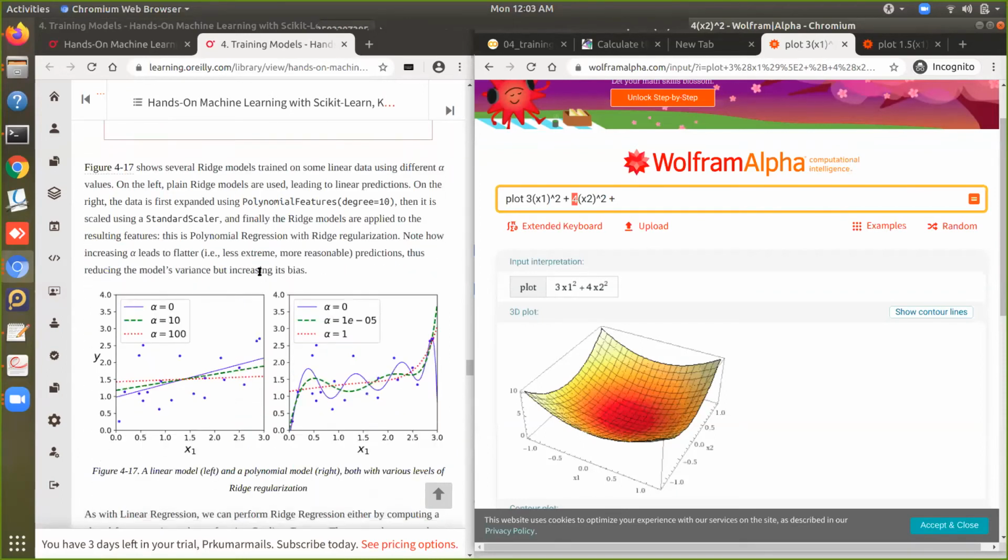So let's go back to the question someone asked about why L2 regression helps. We're at the right figure, 417, where in both models the purple curve is the ordinary least squares regression fit.